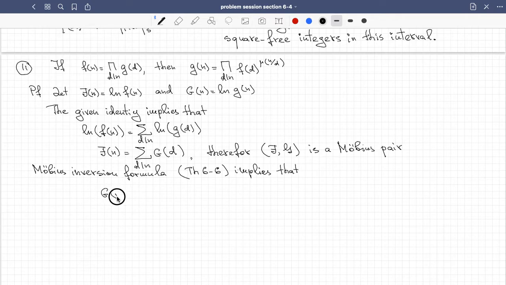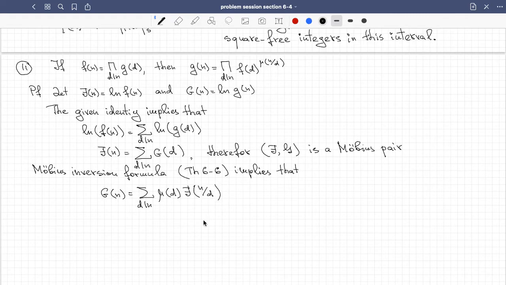G of n can be written in terms of capital F and Möbius mu function as sum over divisors of n of mu of d times capital F of n over d.